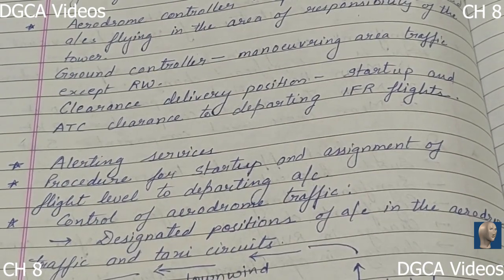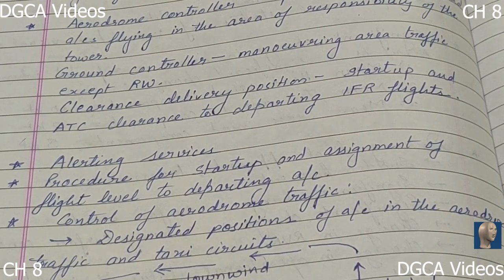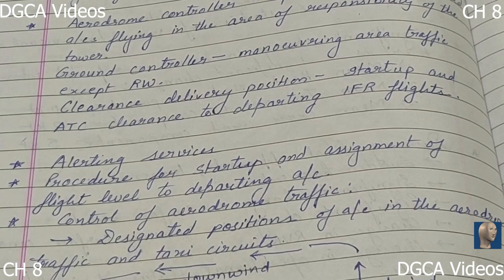Now we'll be talking about the various types of information and services provided by the aerodrome control services. First is the alerting service. It is the task of the aerodrome control service to provide alerting services, or rescue and firefighting services, to an aircraft that has had an accident on or in the vicinity of the aerodrome.